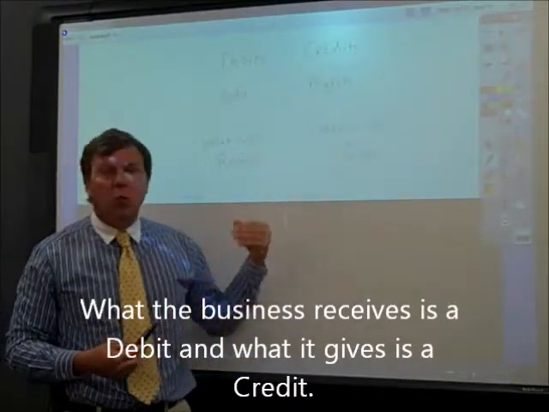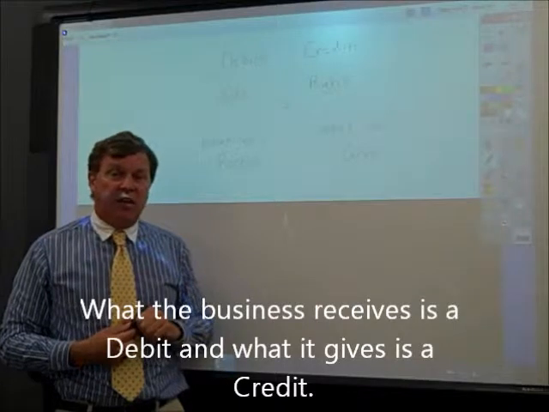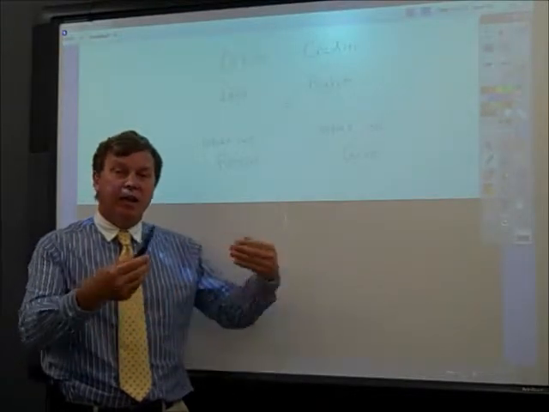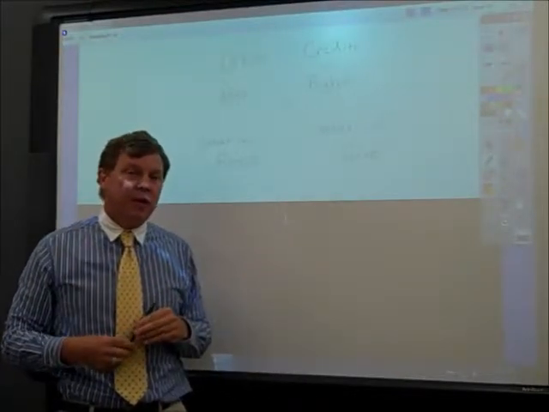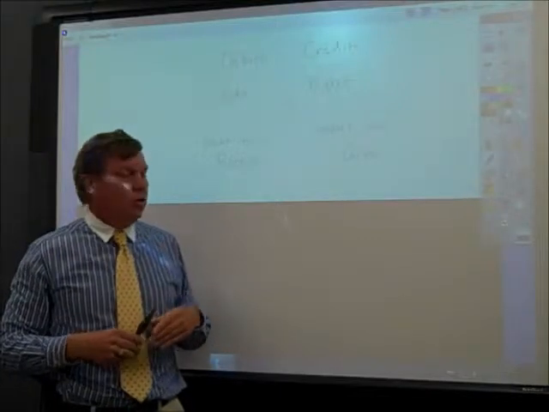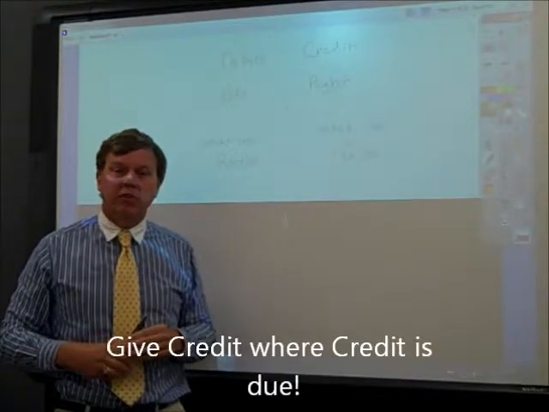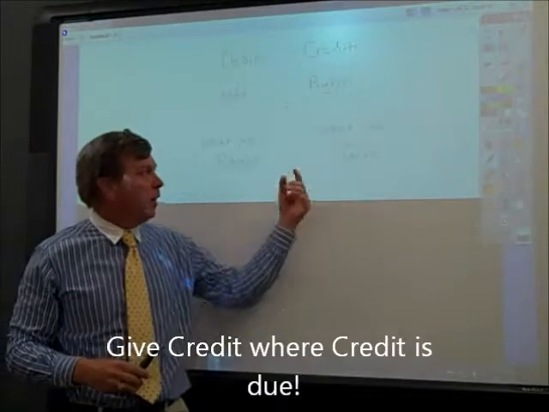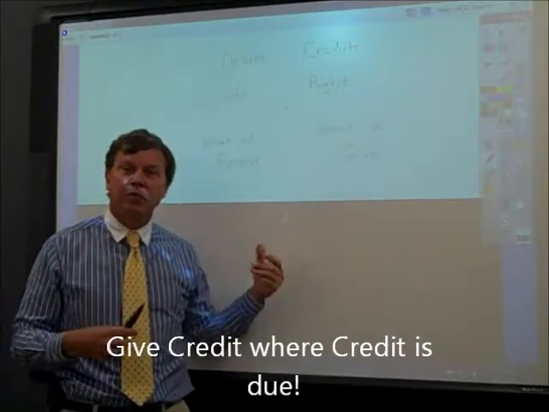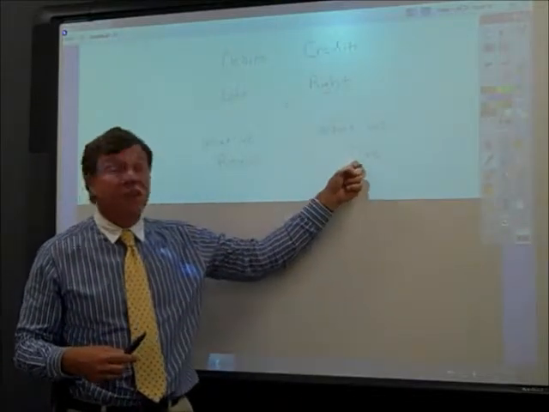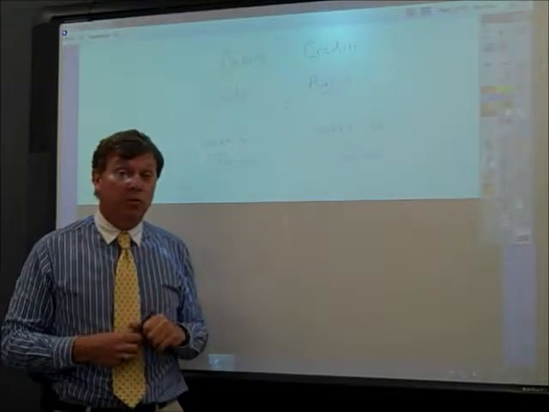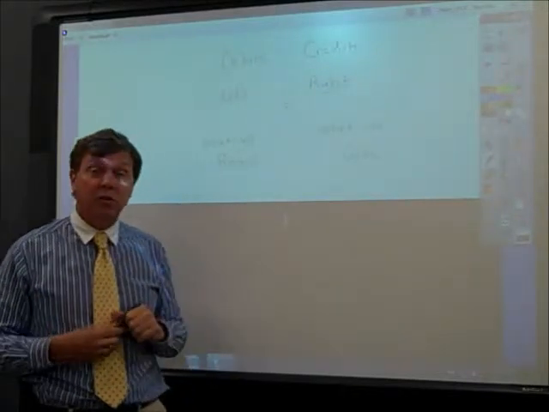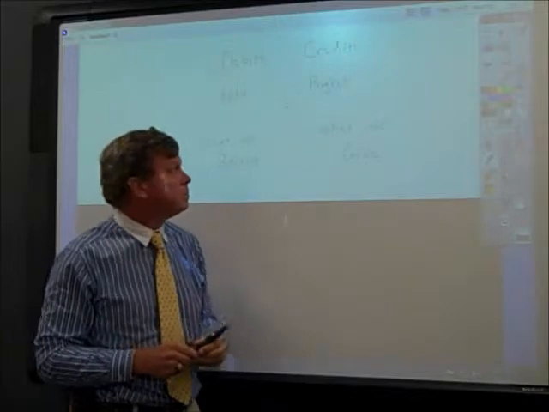Then ask yourself, what did the business give up in that transaction? What they gave up, or what they give, is credits. You've heard the expression, give credit where credit's due. Well, in accounting, we're going to give the credit where credit's due. So that might be just a little aid to help you remember that.